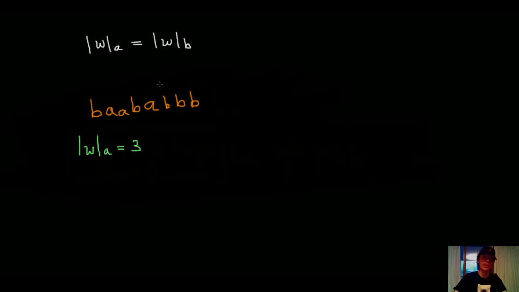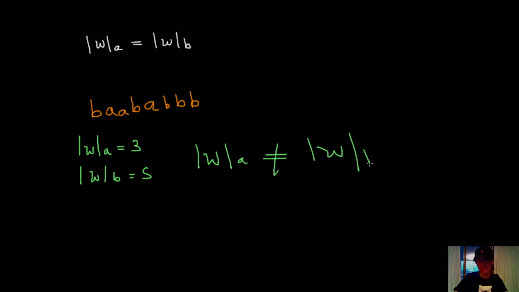And we can also count how many B's we have. We have 1, 2, 3, 4, 5. So since the number of B's is 5, these are not the same, so the number of A's is not the same as the number of B's. So basically this word does not belong to this language. And this is basically the idea of this language. It is a very basic and simple idea. We just have to verify if we have the same amount of B's and the same amount of A's in the word.